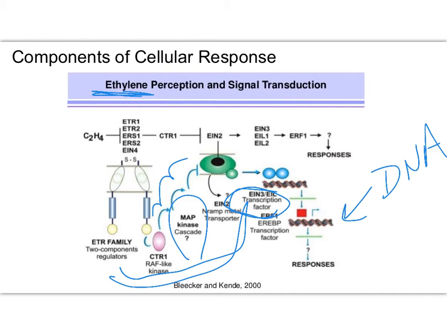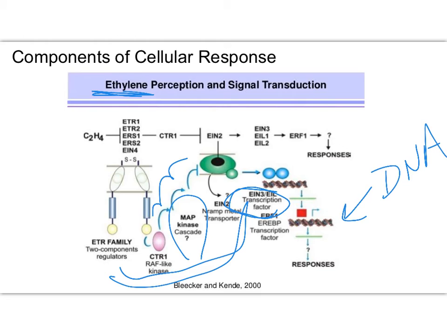That's part of the ripening process of the fruit, right? It softens, it gets a little bit sweeter. So it's turning on the genes that start breaking down the cell wall and converting those stored starches into simple sugars so the fruit gets sweeter. And so that's all going to happen.